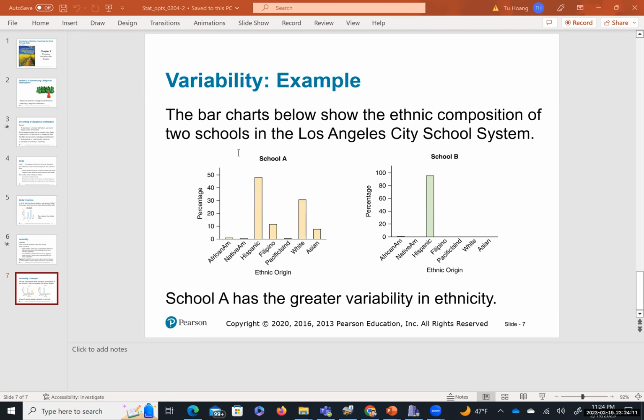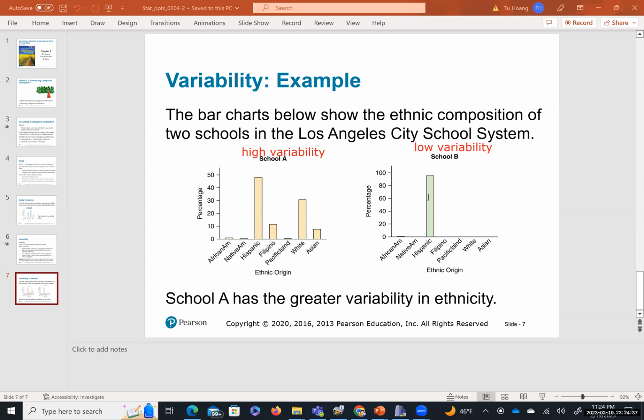This is going to be, I would say, high variability, and the right hand side will be low variability, right? Because you can see that we have a lot of categories for the first bar graph.